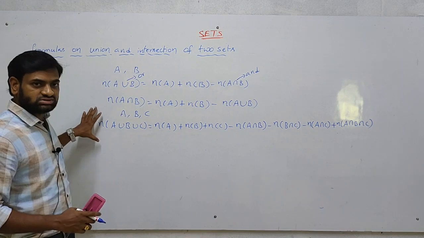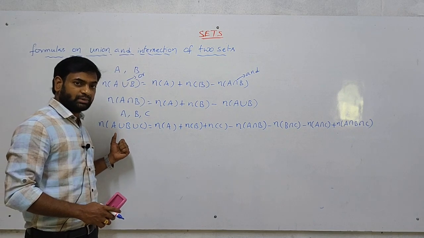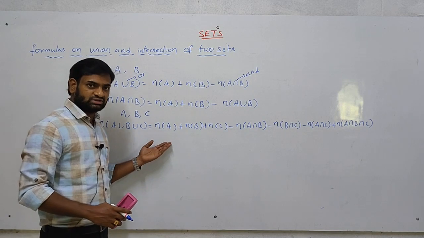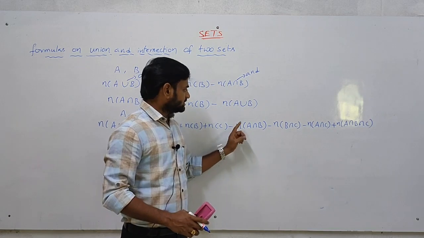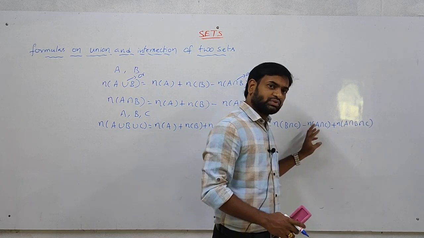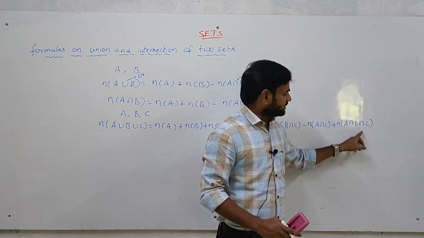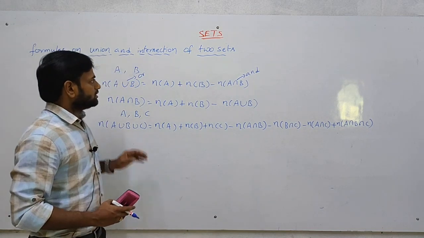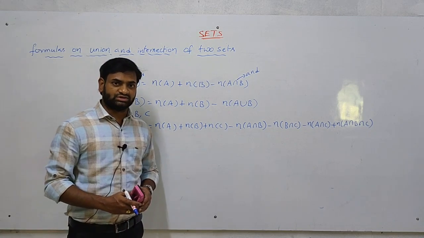Now see, these are the formulas here. The formula of n of A union B union C is number of elements in A plus number of elements in B plus number of elements in C minus n of A intersection B, n of B intersection C, minus n of A intersection C, or C intersection A, anything you can write, plus n of A intersection B intersection C. So these are formulas based on union and intersection.